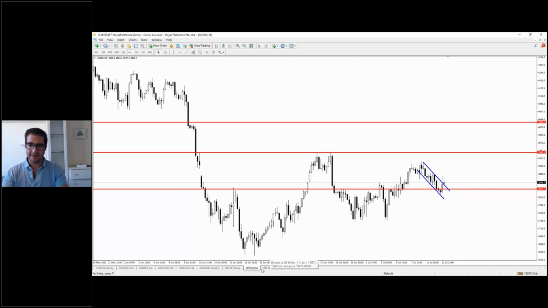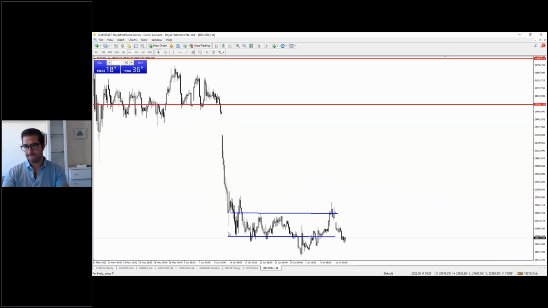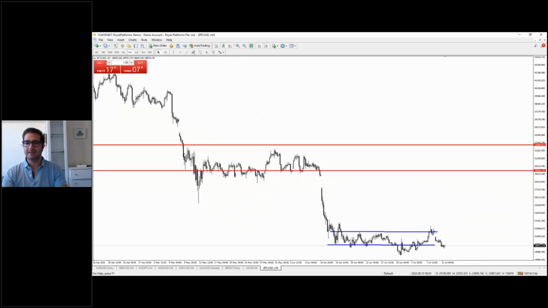BTC USD. BTC USD is still bouncing inside this range. Last week it was the 5th of July, so we were here. Okay, so the market was around this area here, the 5th of July, as you can see.